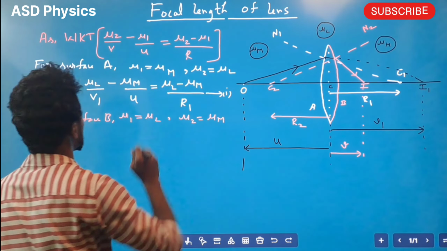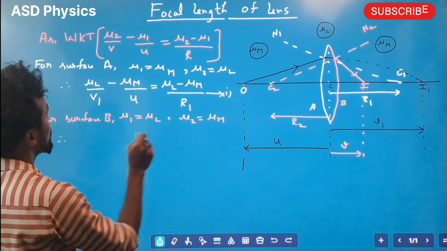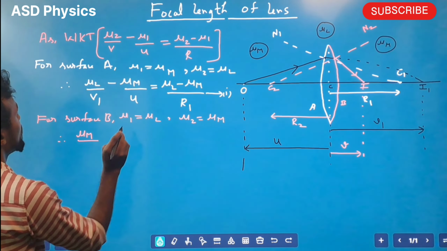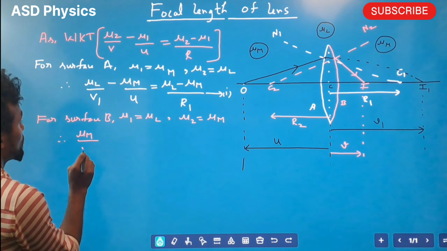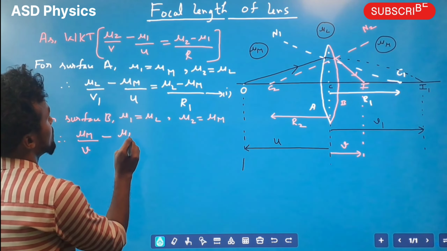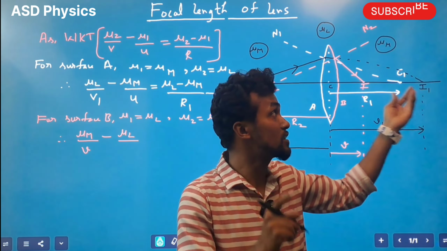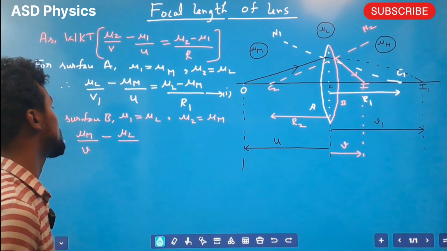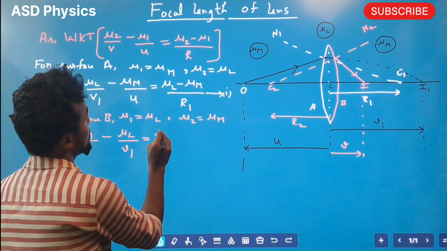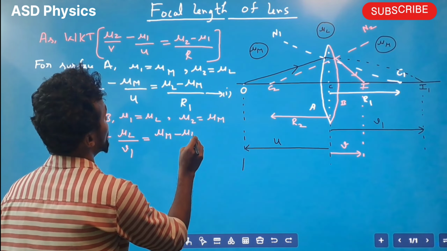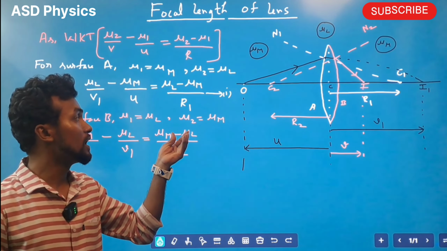Let's use the formula here, students. What is mu2? The mu2 is mu m. The image is forming at a distance of v. So mu m by v minus mu l by v1 is equal to mu m minus mu l by R2. As I told you, the image from surface A works as an object for refraction at surface B. Here mu2 is mu m and mu1 is mu l.